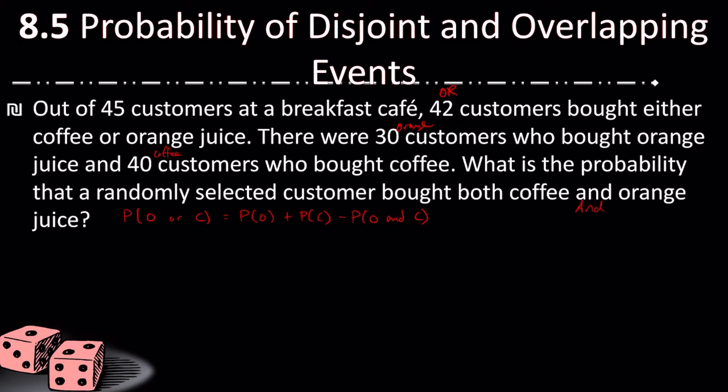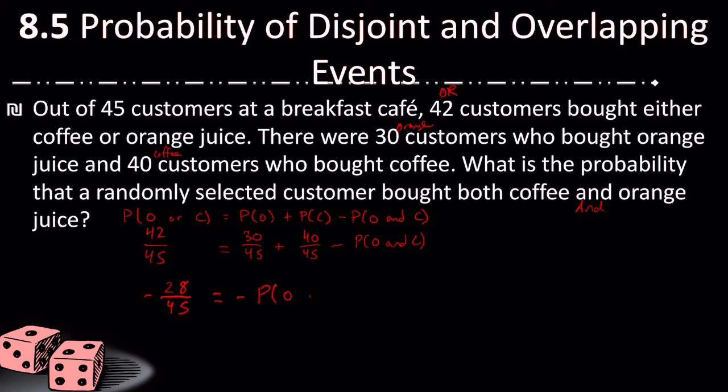All right, so the or is 42 out of 45. Orange juice was 30 out of 45. Coffee was 40 out of 45. And we want to see both. So let's just do some subtracting. Subtract the 30 over 45 and the 40 over 45, and you end up with 28 over 45, technically negative 28 over 45.